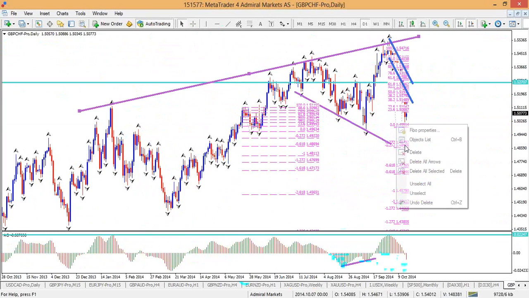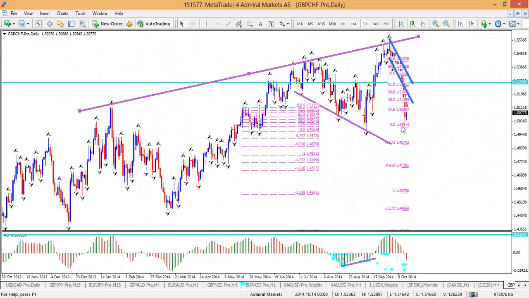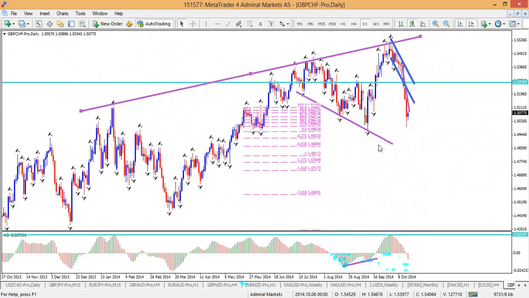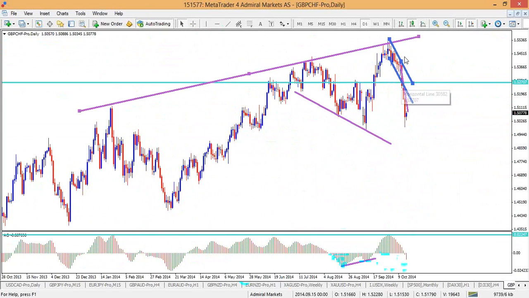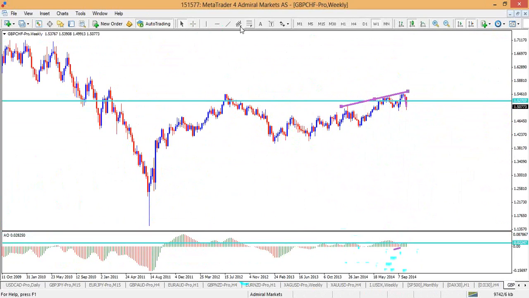The trend on the daily, though, because the support and resistance hasn't been broken here, despite the down momentum, the trend is still up, in my opinion. So the daily is a bit of a mix. There's a down momentum, yes. But when we look at this weekly chart too, there is this uptrend.